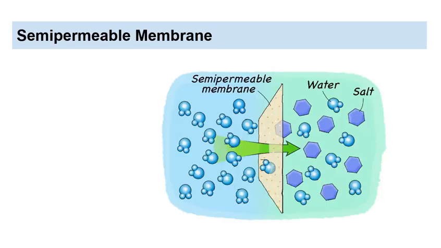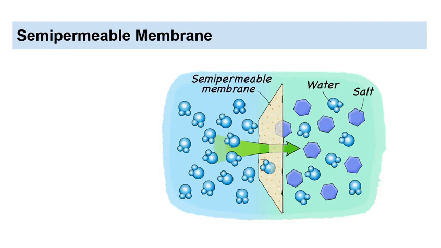The next concept which we have to know is the definition of the semi-permeable membrane. The semi-permeable membrane is a membrane which is going to let some solutes or substances passively pass through the membrane. So it means if a solute is permeable to the membrane, then it has the ability to passively diffuse through the membrane.